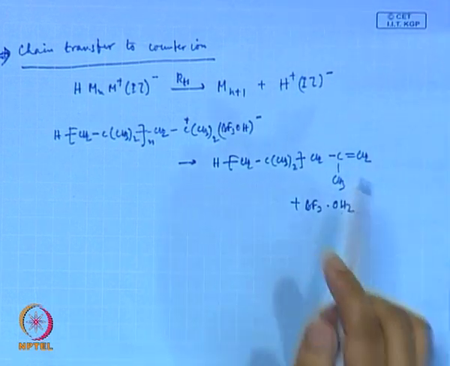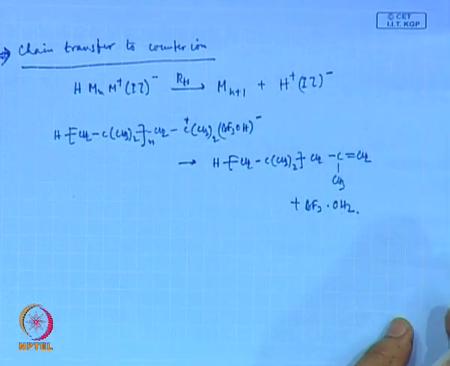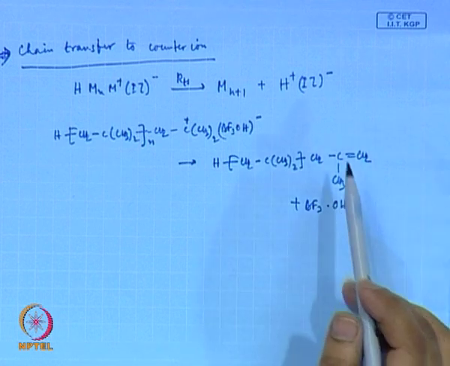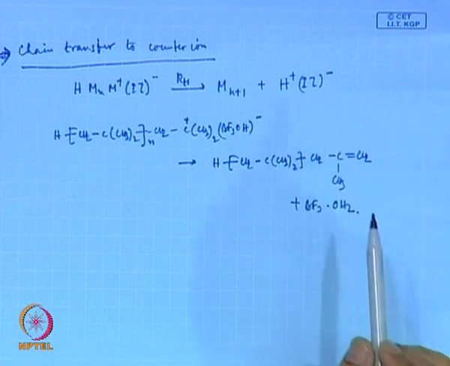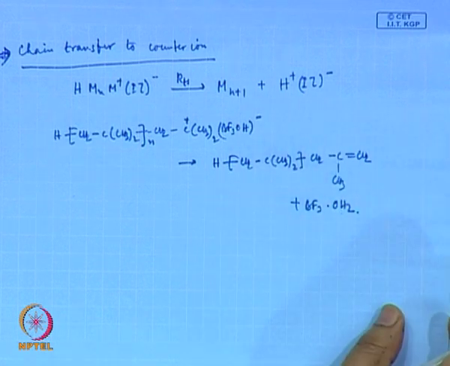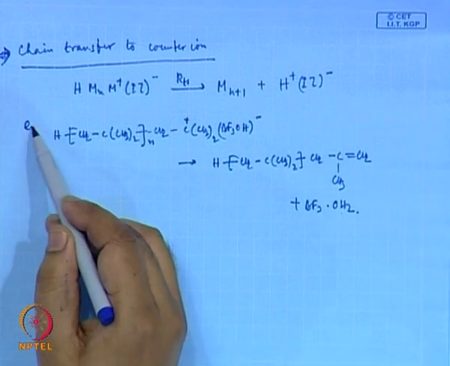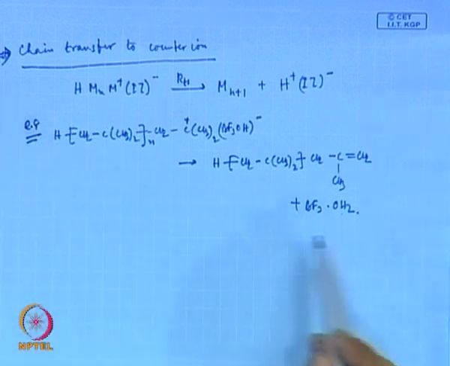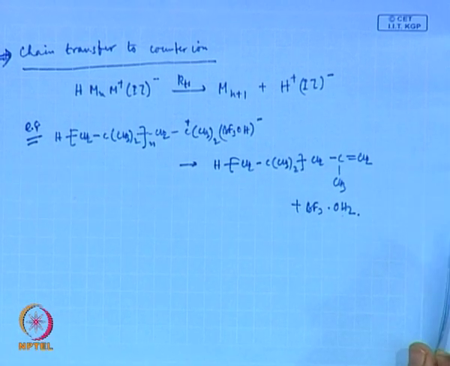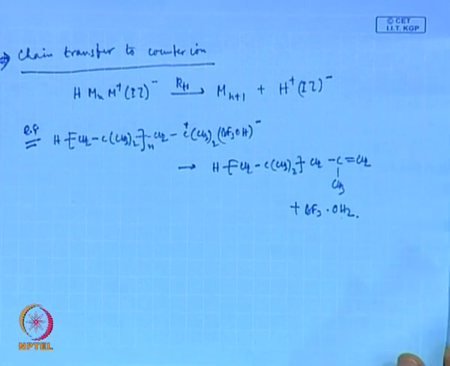Similarly, in this case, this can again reinitiate a cationic polymerization. So, the rate does not get influenced much, whereas the molecular weight drops, and this is again, using the same examples, showing the chain transfer to counterion.